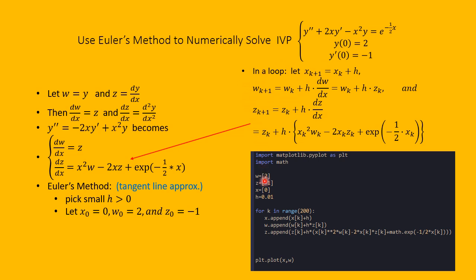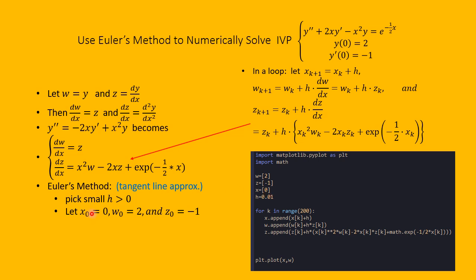Okay, so let's see, what does this Euler's program look like? First of all, we're going to let w naught be 2, so I'm going to create a list with just one element in it for w, 2. We'll create a list for z, which just consists of one number, minus 1. That corresponds to z naught equals minus 1.